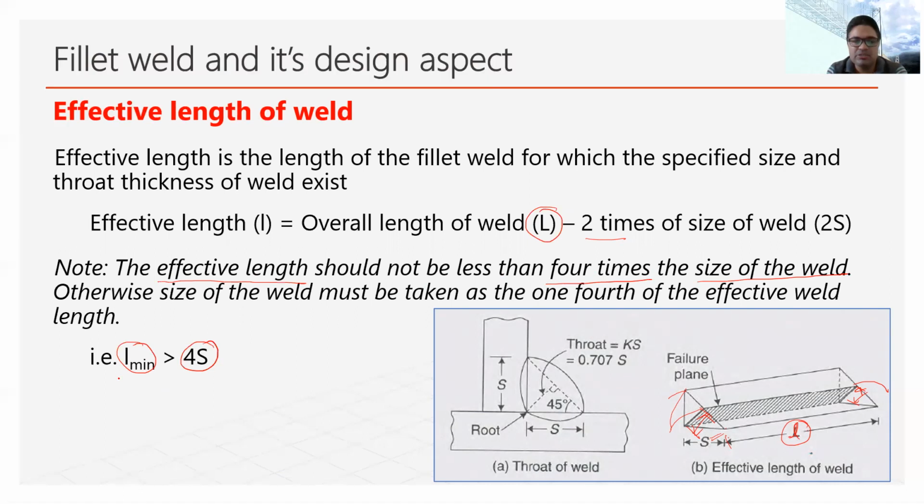So this condition should be followed. Now the IS code says, if by chance it is not possible to satisfy this condition, in that case, if by chance l minimum is less than 4 times S, what will we do?